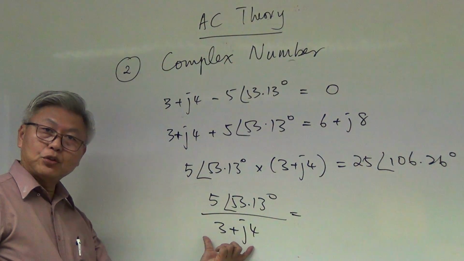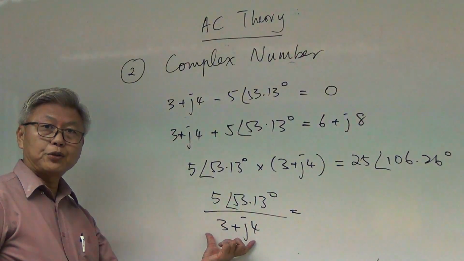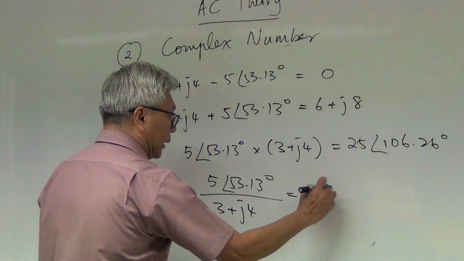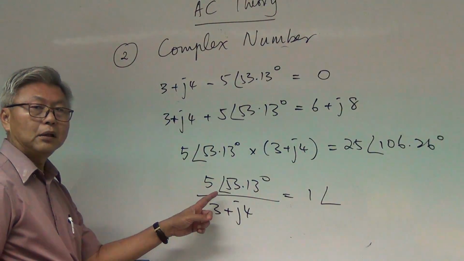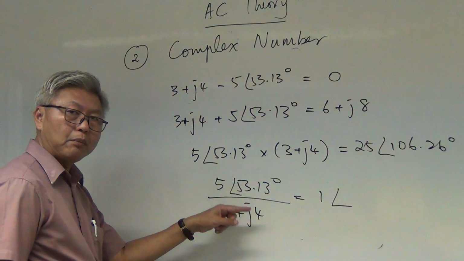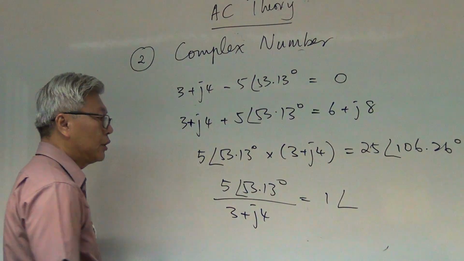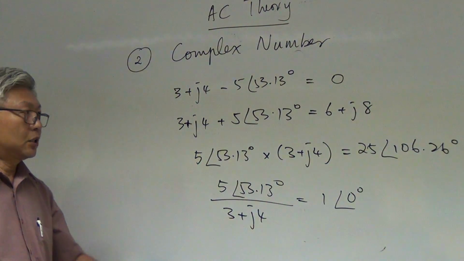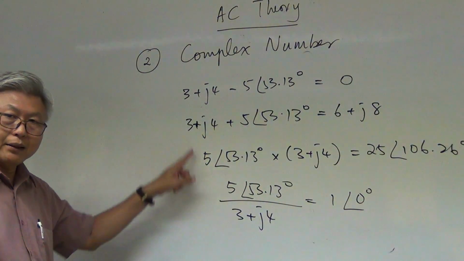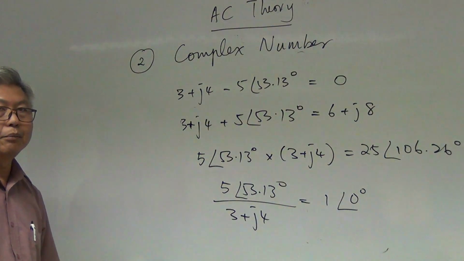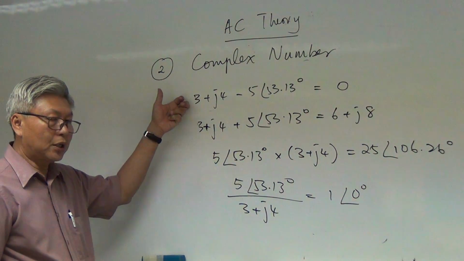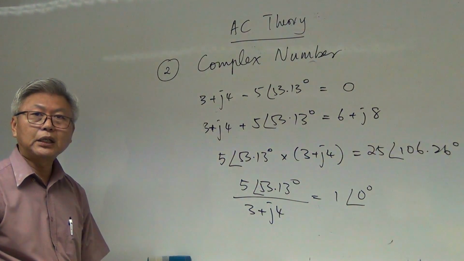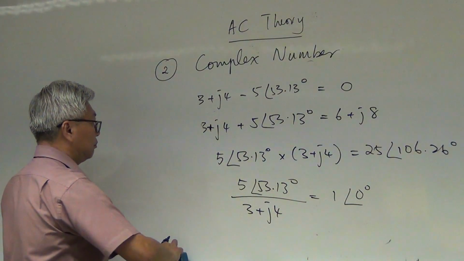You must make this into 5∠53.13° as well. So 5 divided by 5 equals 1. How about the angle? 53.13 degrees minus 53.13 degrees becomes 0 degrees. Okay? So make sure that you know how to do your mathematics of this complex number. Addition, subtraction, both in rectangular form. Multiplication and division, both in polar form.